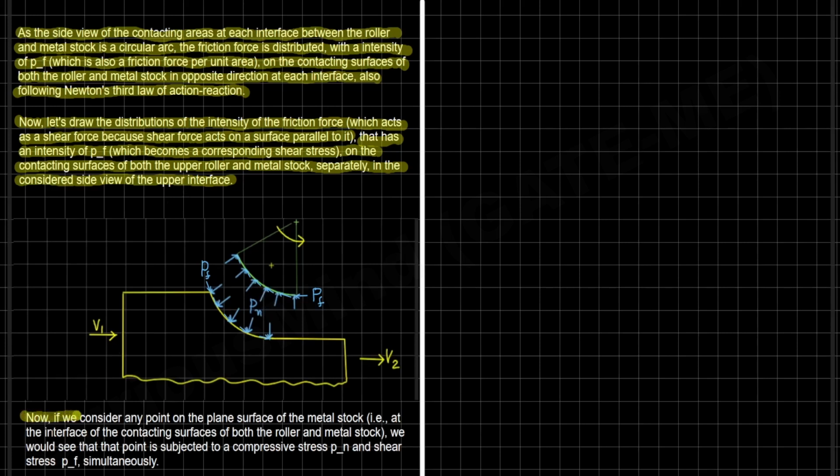Now if we consider any point on the plane surface of the metal stock that is at the interface of the contacting surfaces of both the roller and metal stock, we would see that that point is subjected to a compressive stress Pn and shear stress Pf simultaneously.